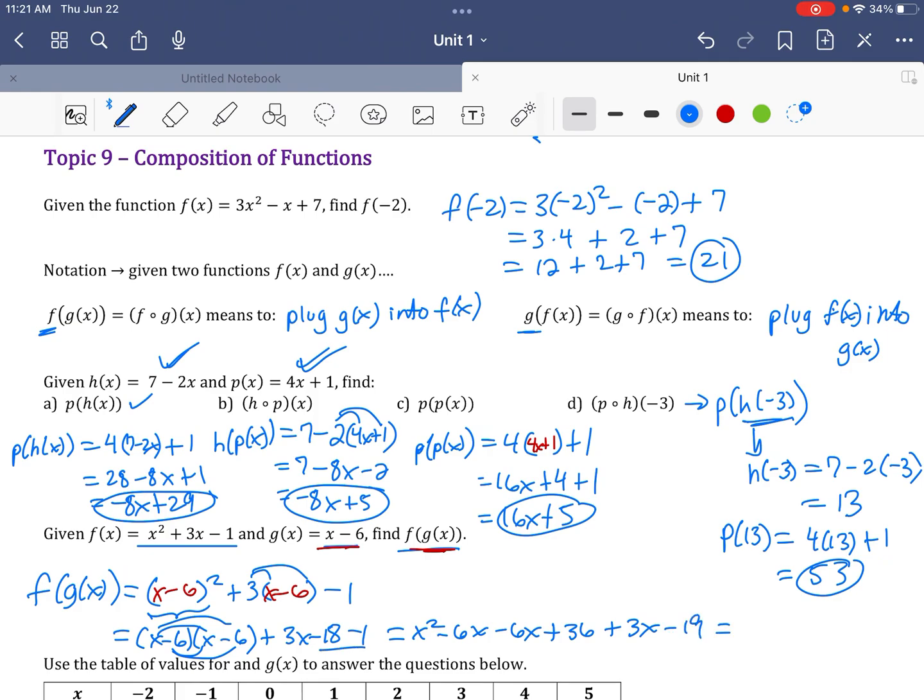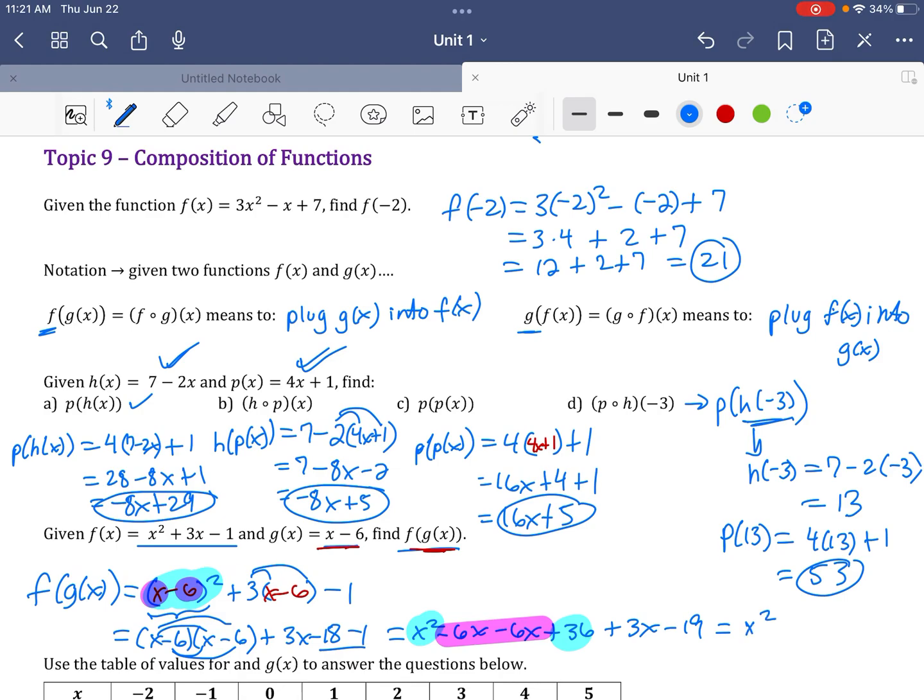All right, so final answer. So notice, when you take this and you square it, the answer is not just x squared plus 36. Notice that the middle part also is going to be present. You don't just square this part and square that part and go about your way. You also have a middle term, that minus 6x and minus 6x, that's minus 12x.